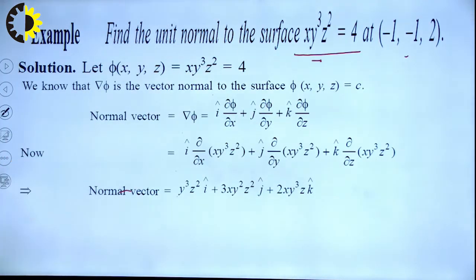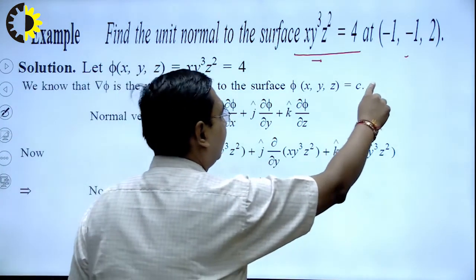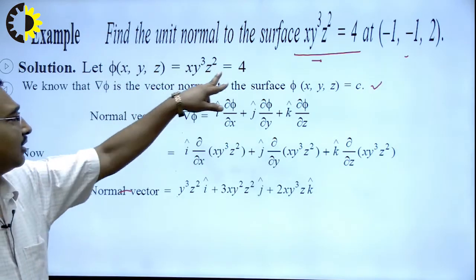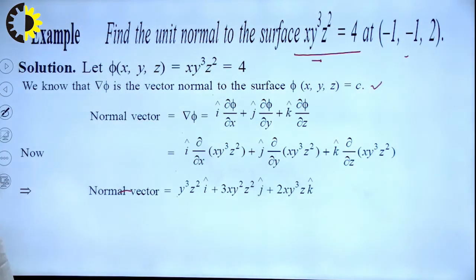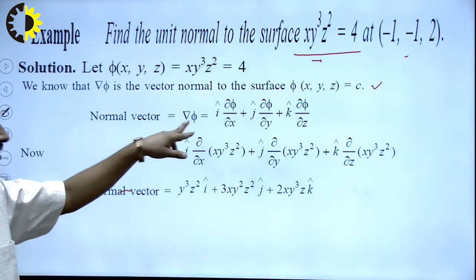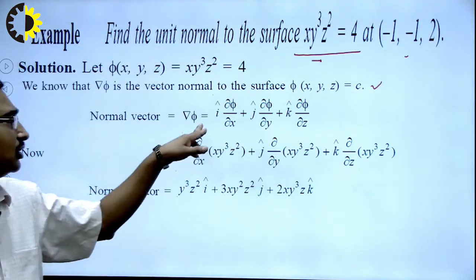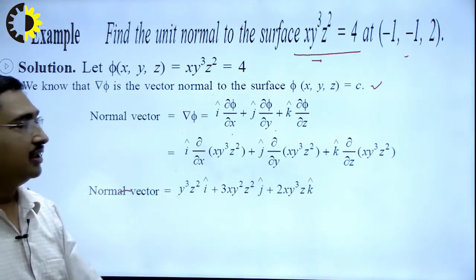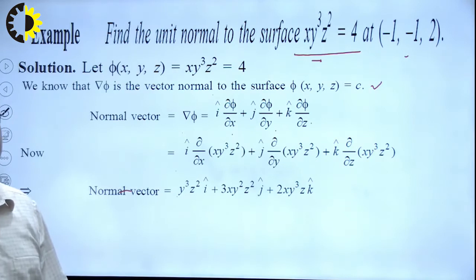We know that del phi is the vector normal to the surface phi x y z equal to c. Therefore, normal vector for this surface can be calculated using del of phi or grad phi. Therefore, normal vector is equal to del phi is equal to i cap del phi by del x plus j cap del phi by del y plus k cap del phi by del z.